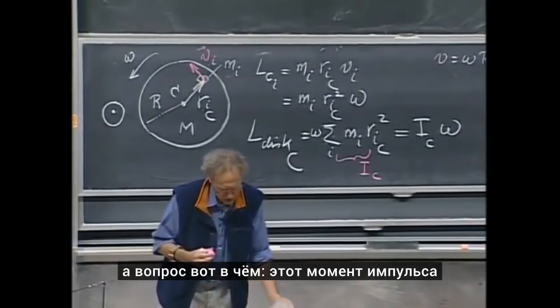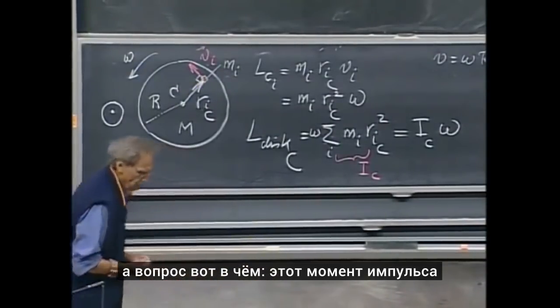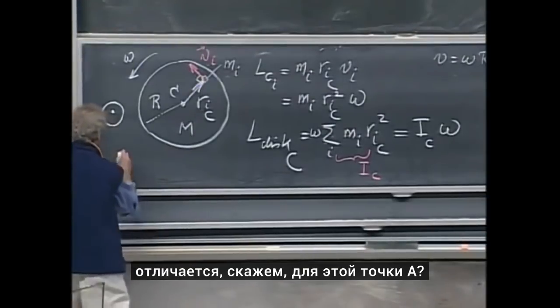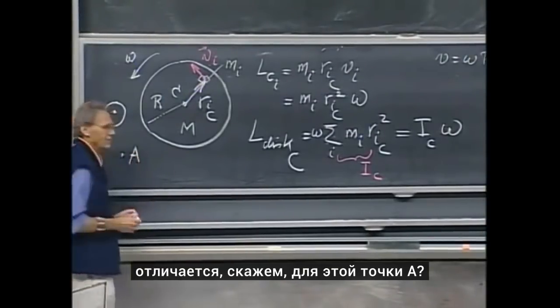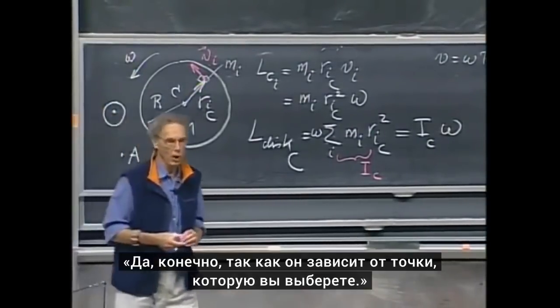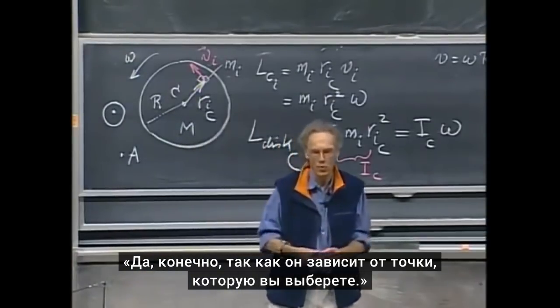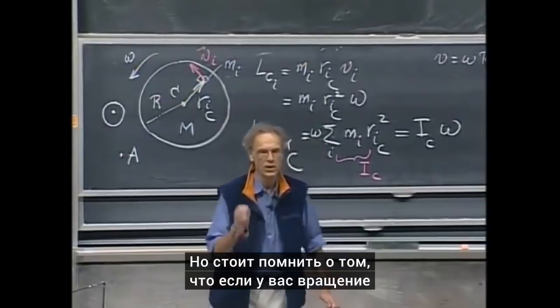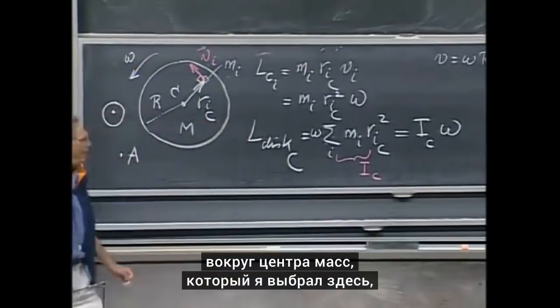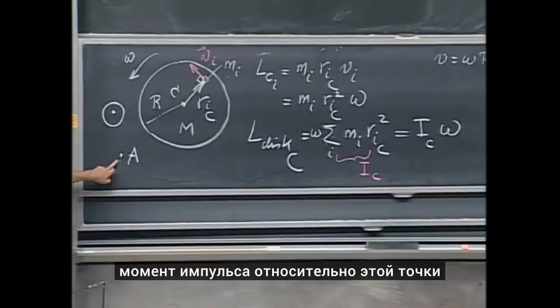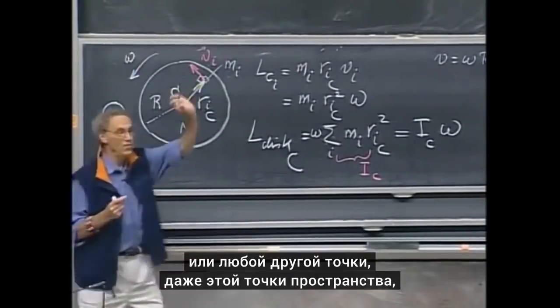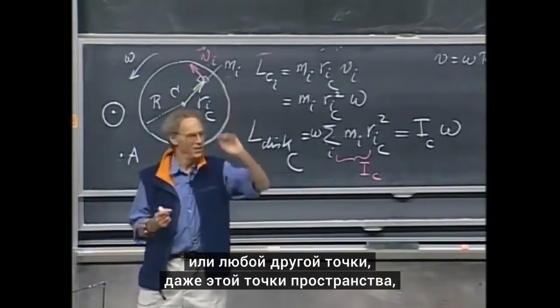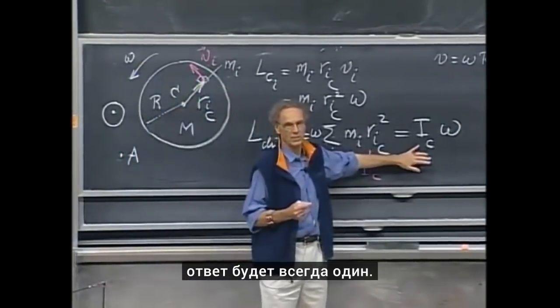Now comes the question, is this angular momentum different, for instance, for this point A? And your first reaction will be, yeah, of course, because it depends on the point you choose. Well, the remarkable thing is that if you have a rotation about the center of mass, which I have chosen here, then even if you calculate the angular momentum relative to this point, or any other point, even this point in space, you will always find the same answer.